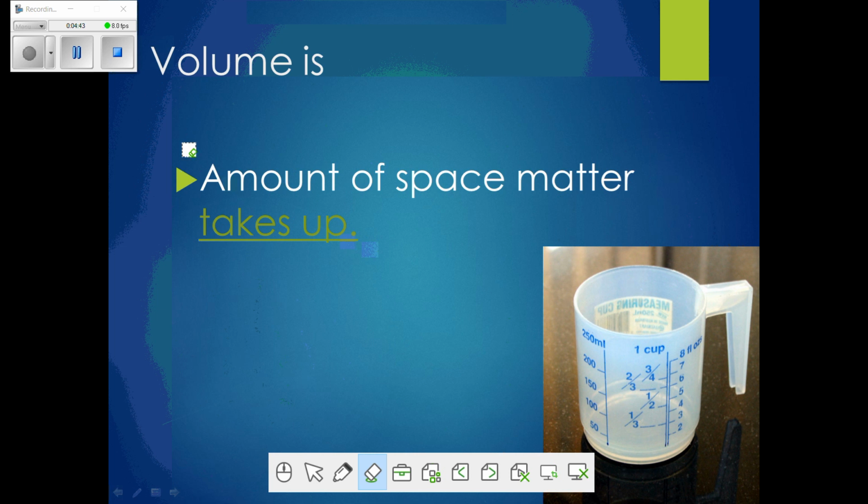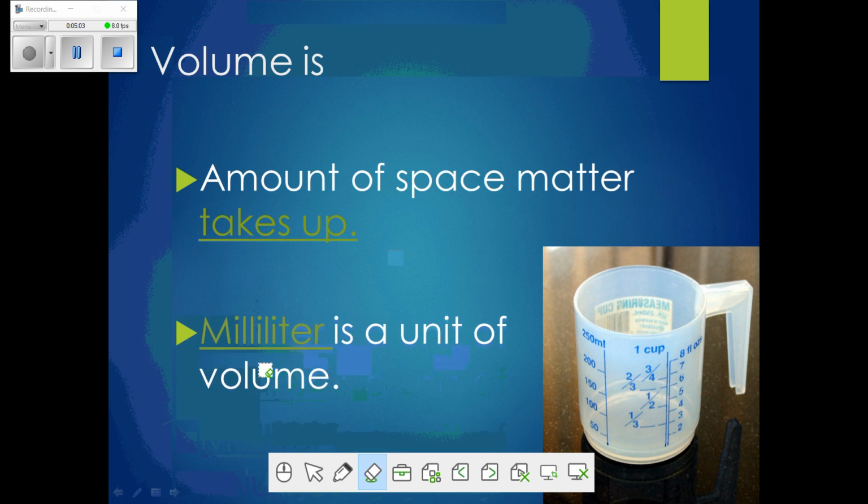Yalla, sing it with me. Volume is the amount of space matter takes up. Quickly, volume is the amount of space matter takes up.